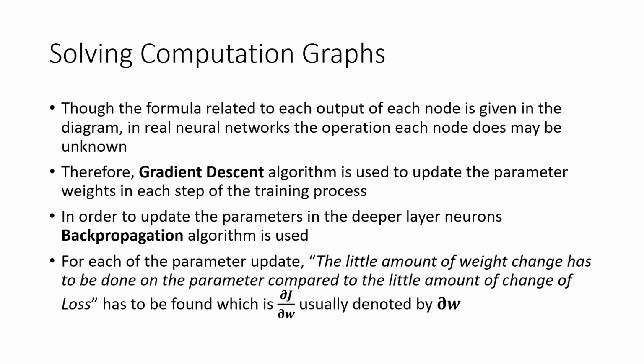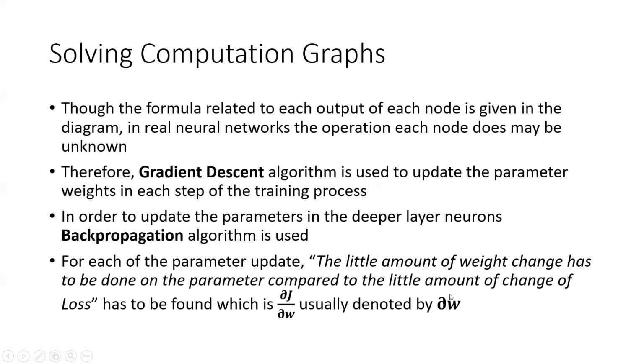Suppose these parameters are given by W. Generally these weights are given by W. So ∂J/∂W means how much the weight should be changed for the cost J. This is generally represented by ∂W, because it is a bit large to write out.